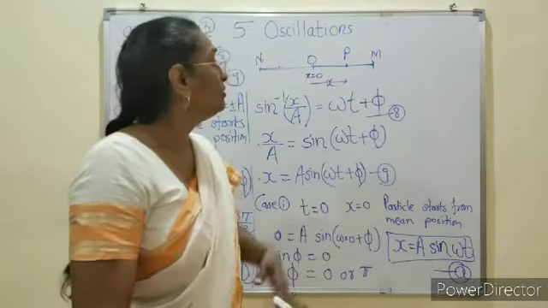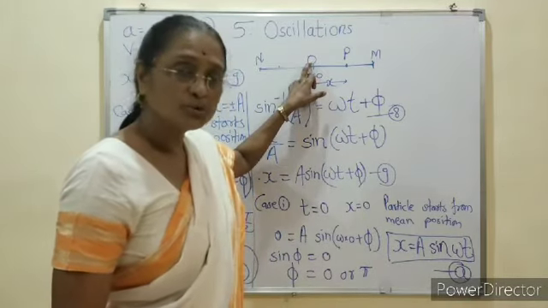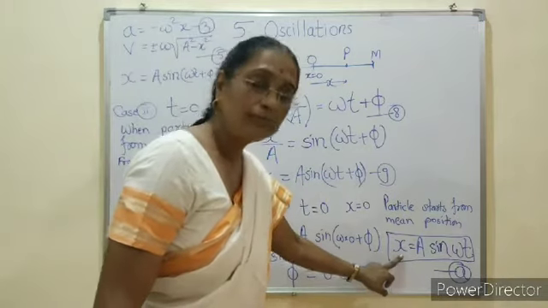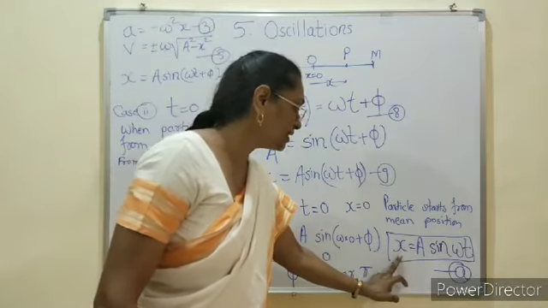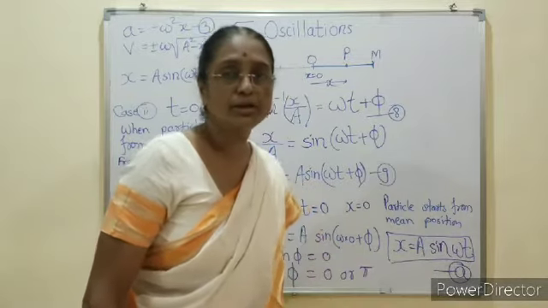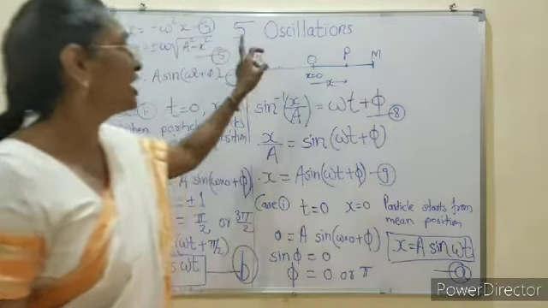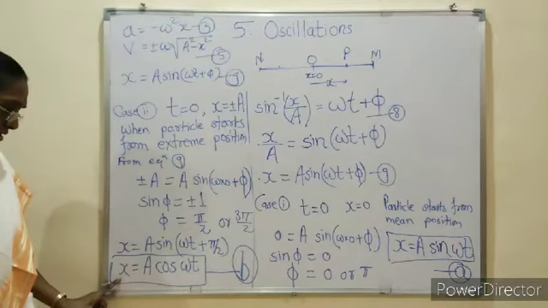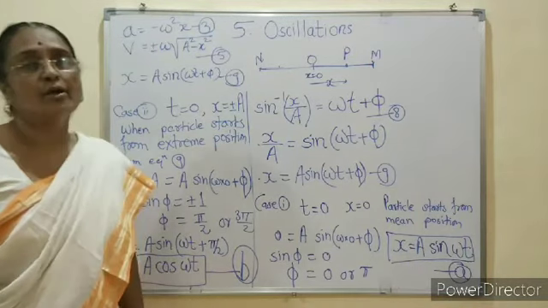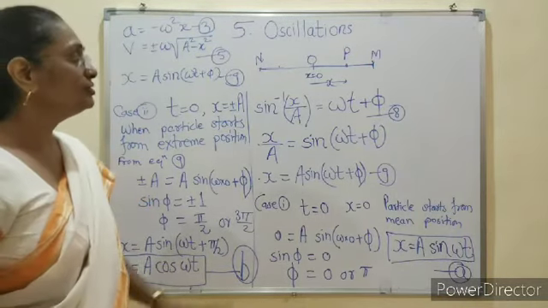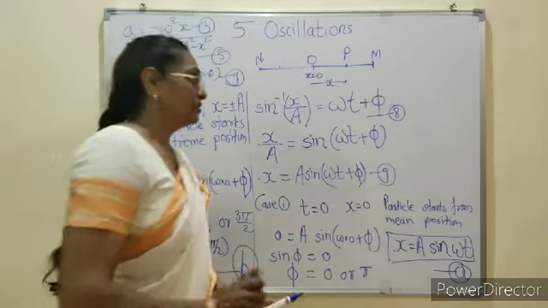But specially for point O, the mean position, if the particle starts there, it can be represented by x is equal to a sin omega t. If the particle starts at the extreme position, it can be written as x is equal to a cos omega t. So this is about the displacement.